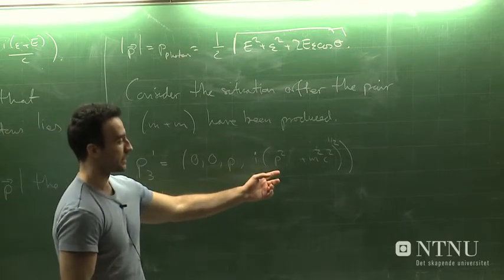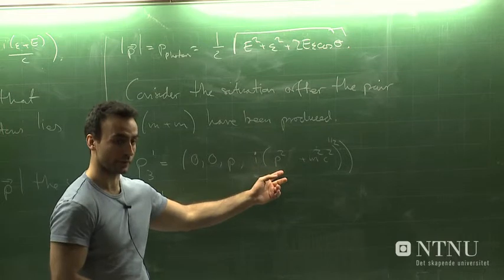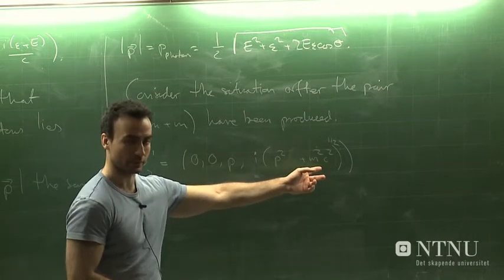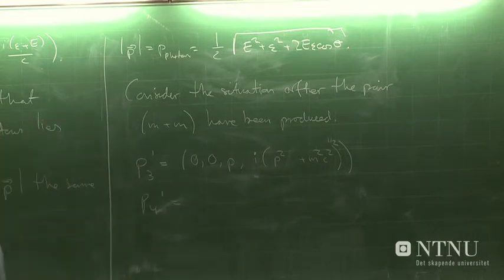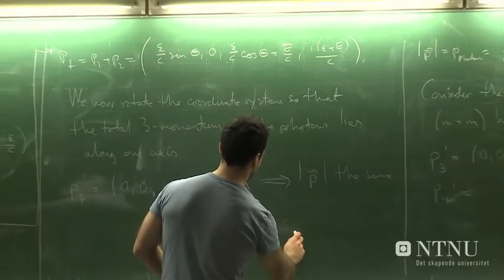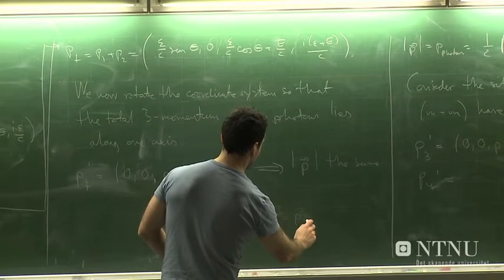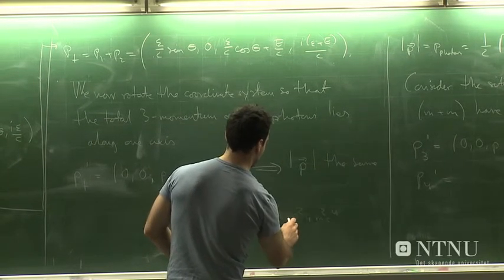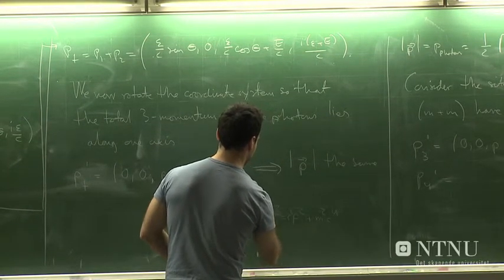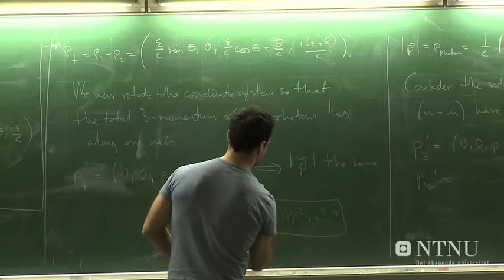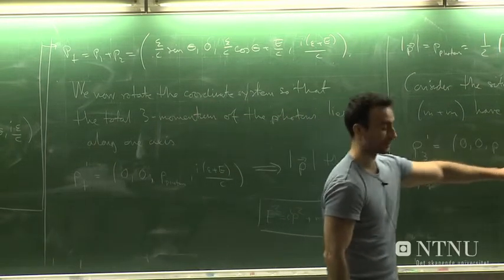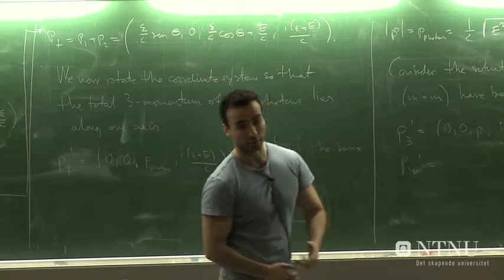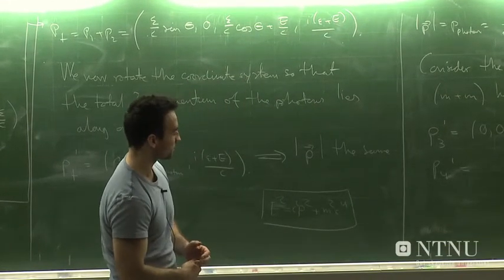It has an energy which is given by the square root of p squared plus m squared c squared, which follows from this general relation. And keep in mind that we're dividing this by c due to the Minkowski metric we've chosen.